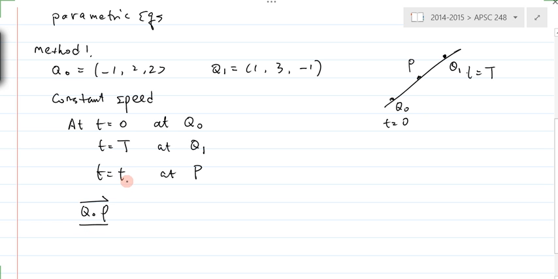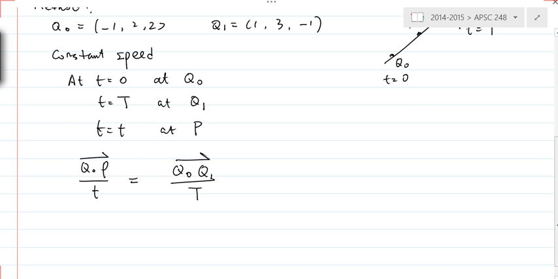We said it takes this small time t here, right? It takes this much time to reach that. And from Q naught to Q1, how much time did it take? This capital T here. Because of constant speed, this divided by small t, and this one divided by capital T, they should be the same thing, same speed. Okay? So that's the condition based on the assumption here.